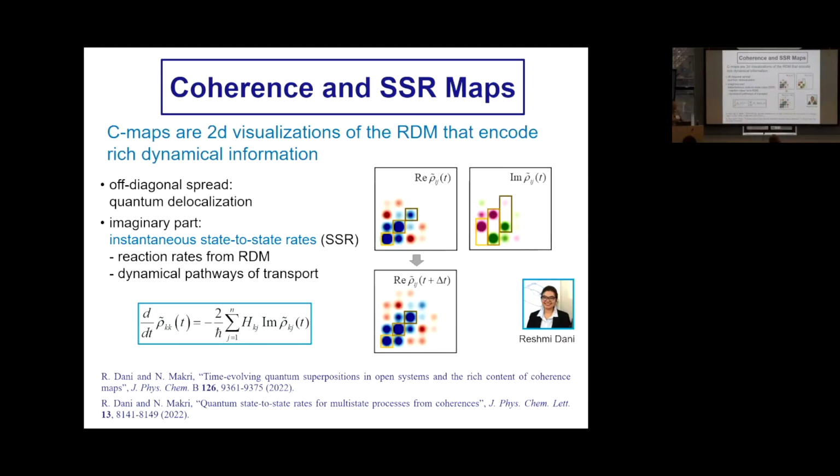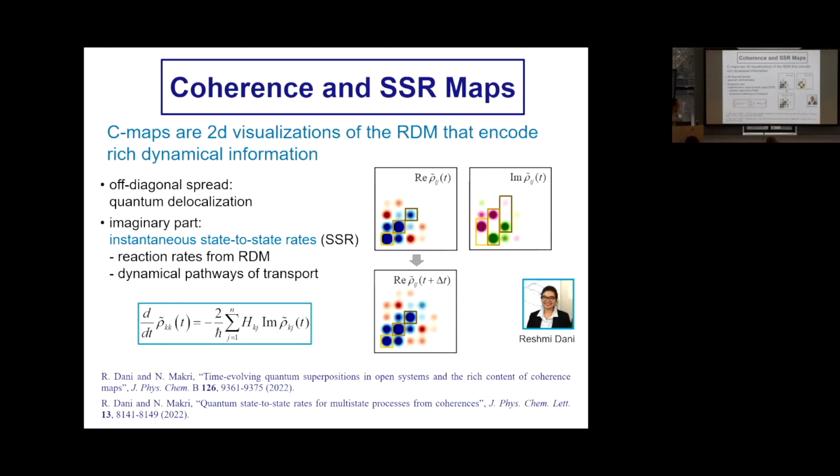Now there are a number of properties of the reduced density matrix and its visualizations that we call coherence maps. These properties have to do with what you can prove rigorously for the reduced density matrix. For instance, the delocalization, the spread of the coherence map in the direction perpendicular to the main diagonal, gives us a sense of the quantum delocalization of the system.